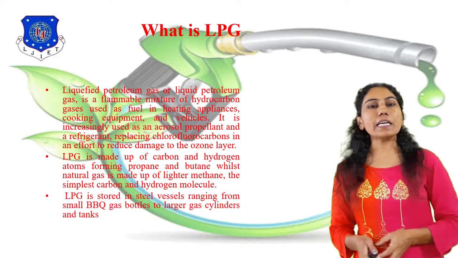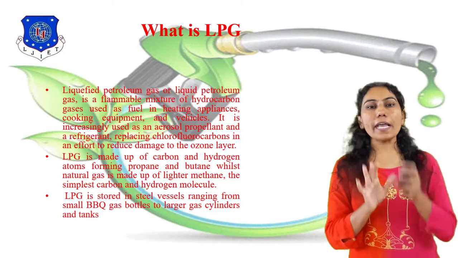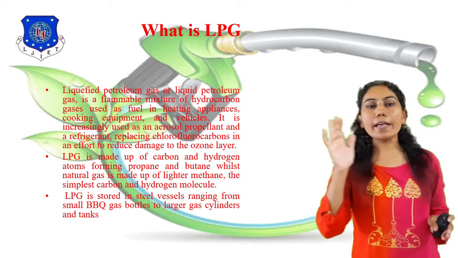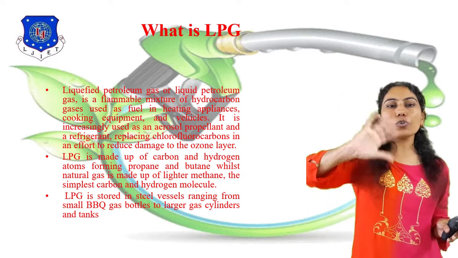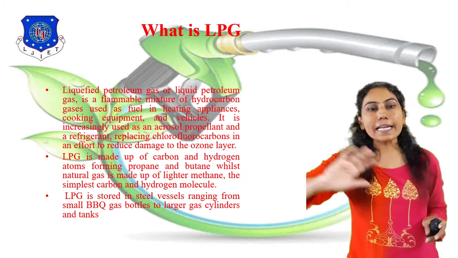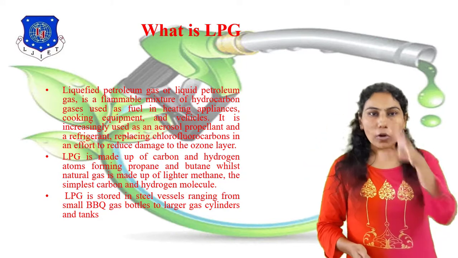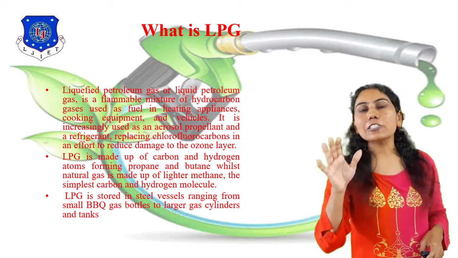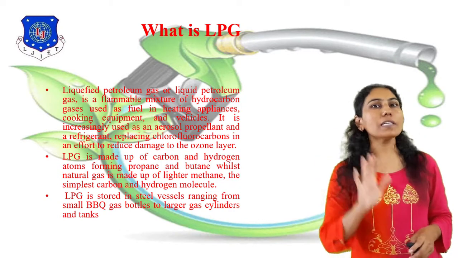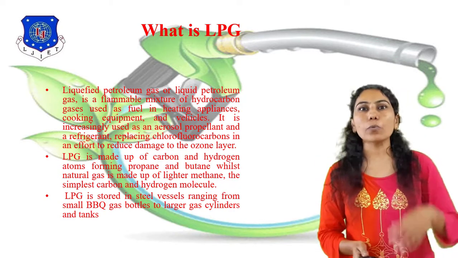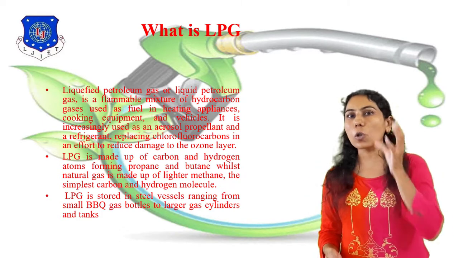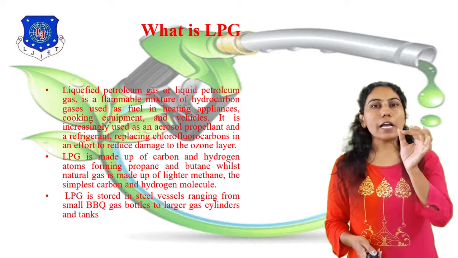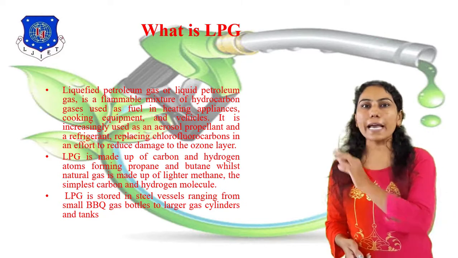The second point is that LPG is stored in steel vessels, ranging from a small BBQ gas bottle to a large gas cylinder and tank. LPG is 60% from natural gas and 40% from crude oil. The main parts are propane and butane, along with a small part of methane.